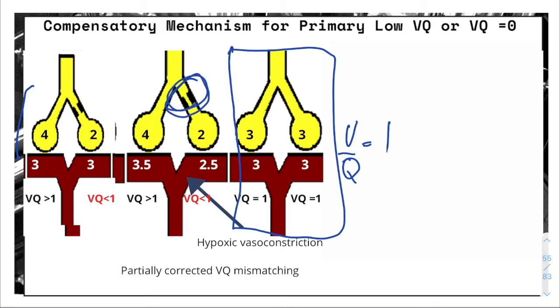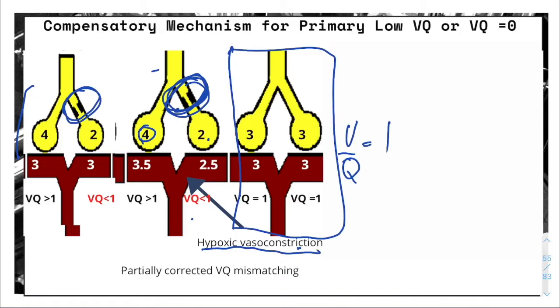If there are ventilation problems, you have a low ventilation on one side and a higher ventilation on the other side. What will be the response of your lungs? There would be hypoxic vasoconstriction. When you have ventilation problems, remember, you have hypoxia.